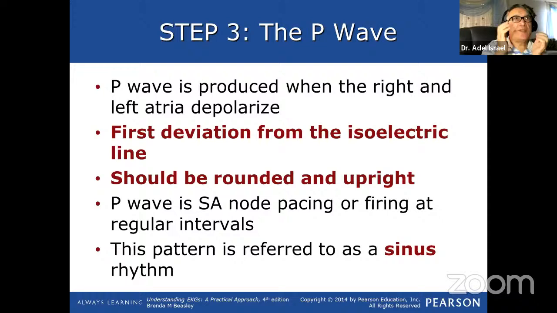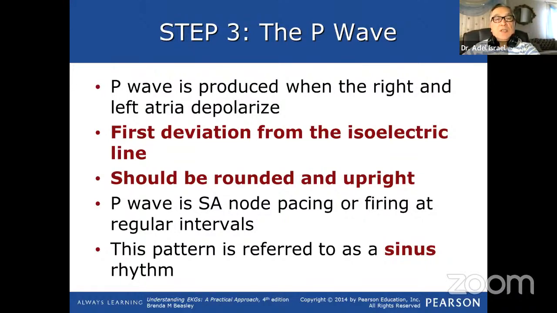Then the third step for analyzing any strip is to talk about the P wave. And we know that the P wave should be smooth, meaning rounded and upright, and it comes from the SA node, and it should precede the QRS, or we can say that every P has to be followed by QRS, or QRS has its own P wave.